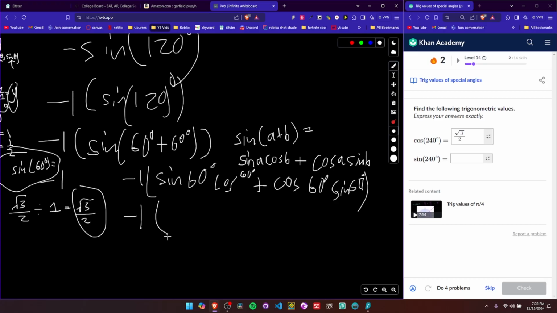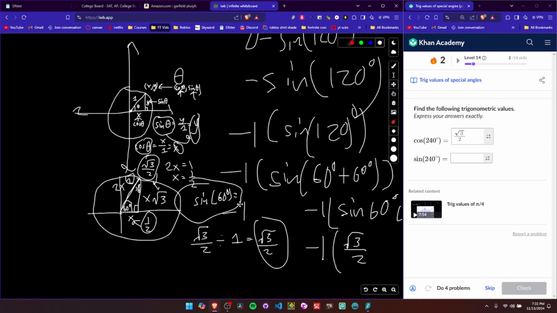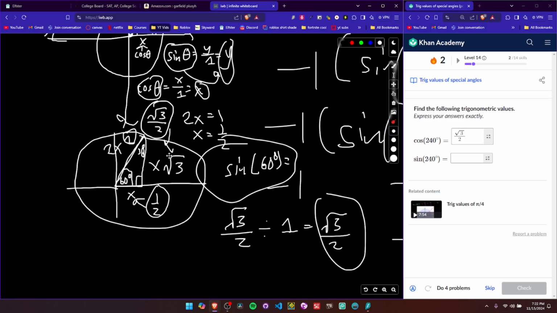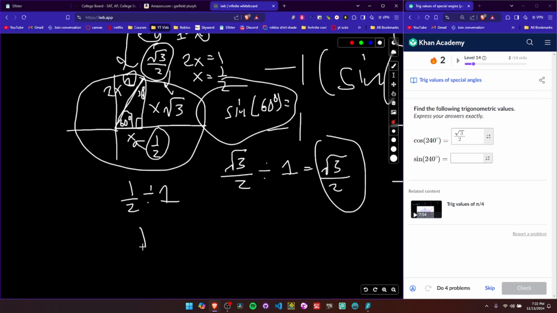Keeping that -1 there. We already know that sine of 60 degrees is root 3 over 2. Now let's find cosine of 60, because that's all we need to solve the equation. Cosine of 60 is adjacent over hypotenuse, SOHCAHTOA. Adjacent is 1/2 divided by the hypotenuse, which is just 1. So it's just 1/2.